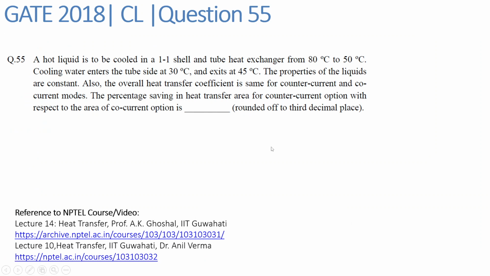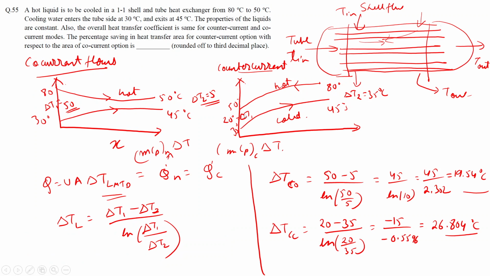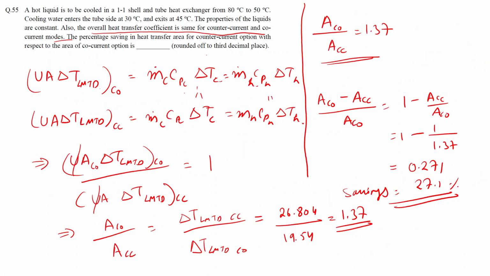Okay, so do you have any doubts in any of the questions that we discussed today? This was the last question in which we compared the counter current and co-current flow kind of heat exchanger. If you have any doubts, you can ask, or else we can end today's call.